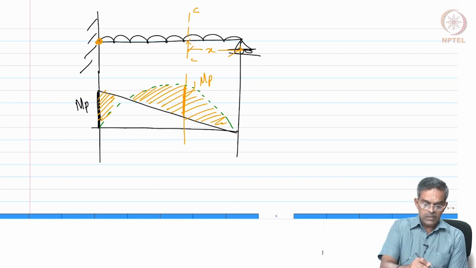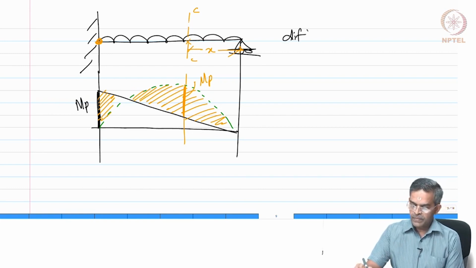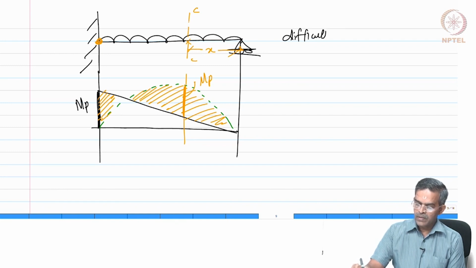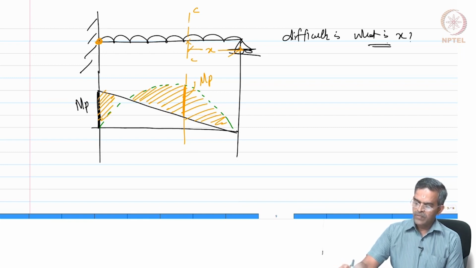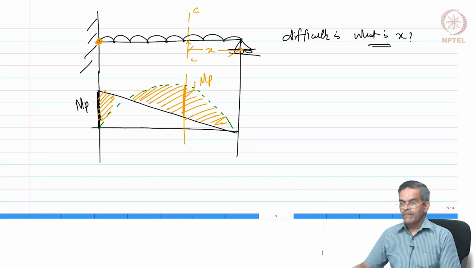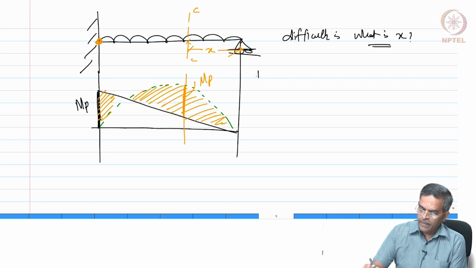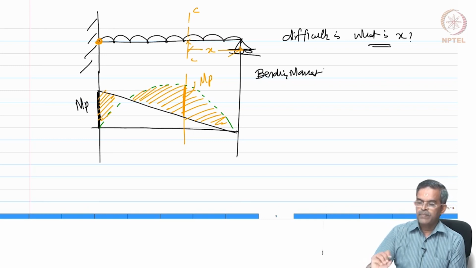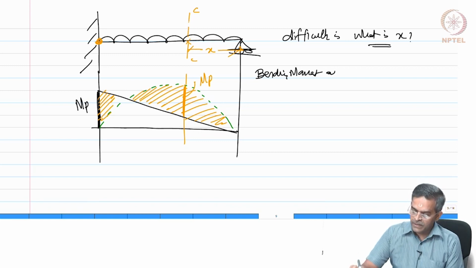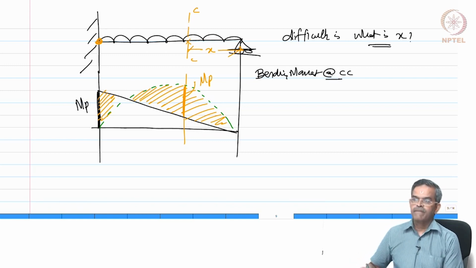But the difficulty is, what is C or what is X? We do not know this, isn't it? So, the first job is to find that out. So, let us say the bending moment at C or at section CC. Okay.